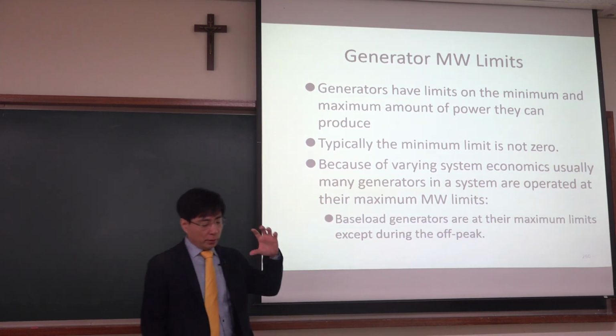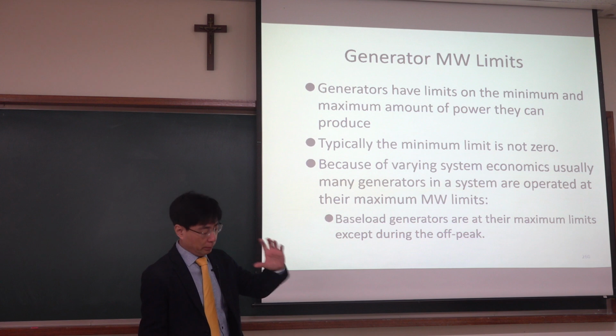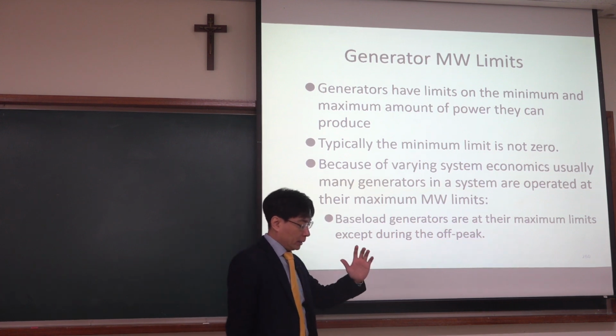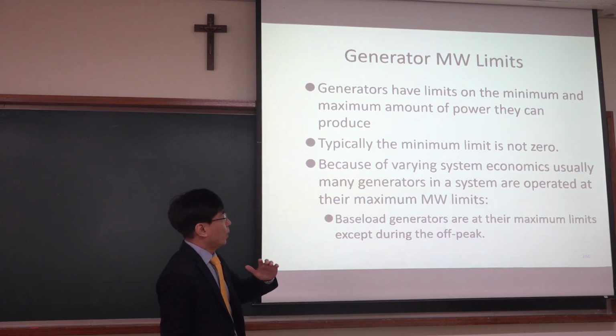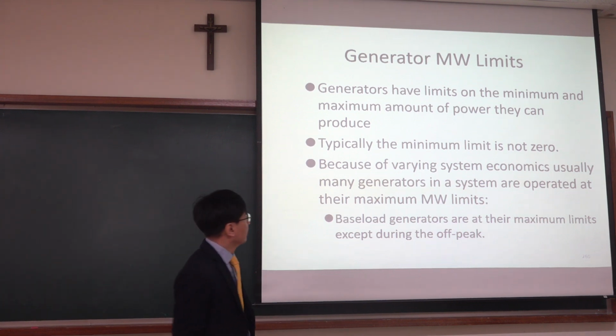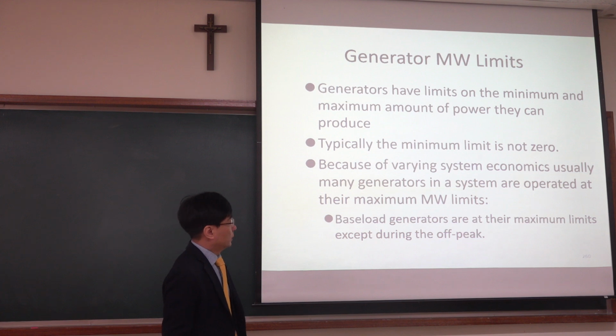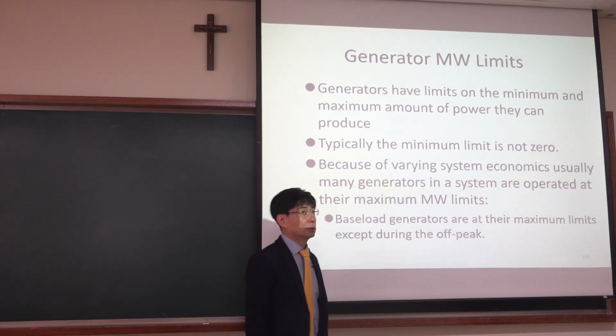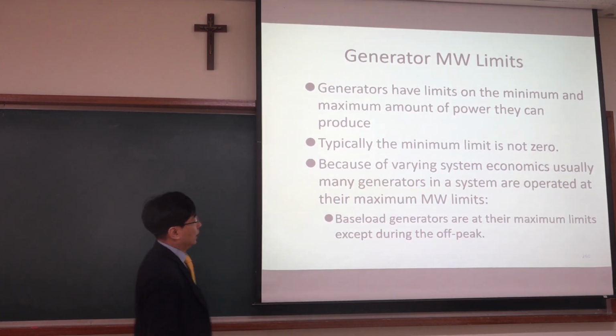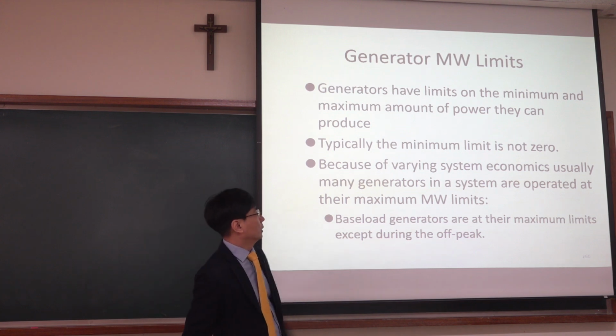That means the efficient generator typically operates at its maximum. That is the way of minimizing the total cost. Base load generators are at their maximum limits. These base load generators are the cheapest ones, except during the off-peak hours.